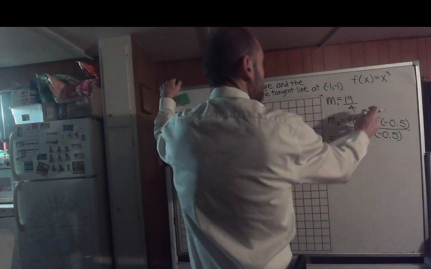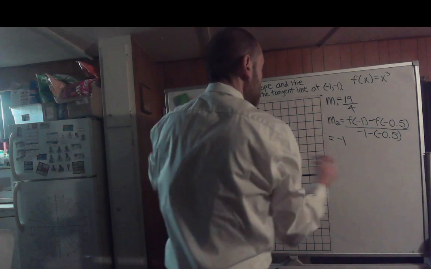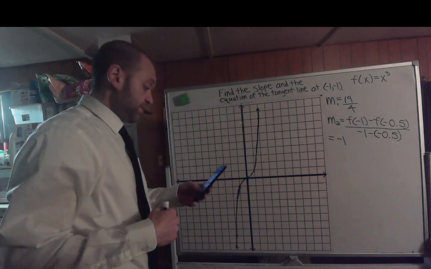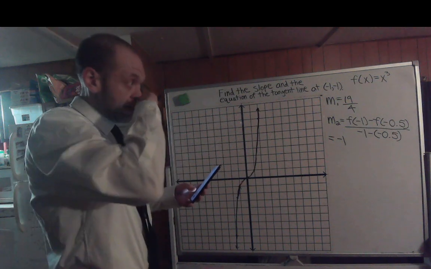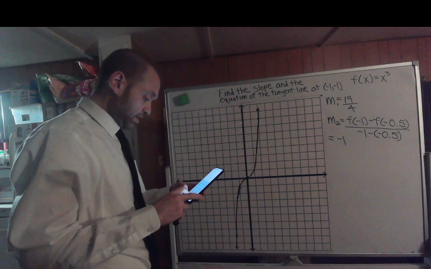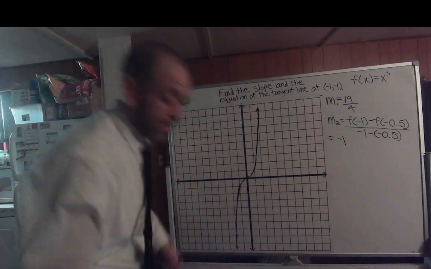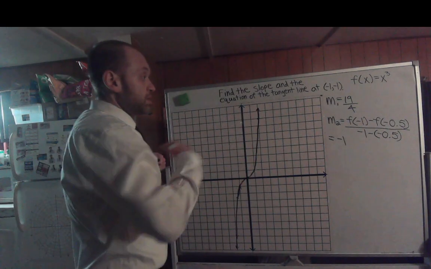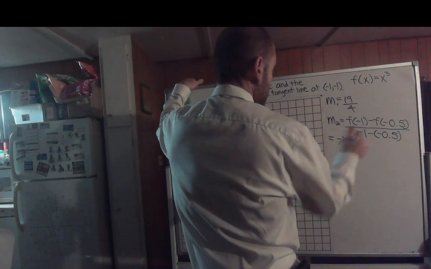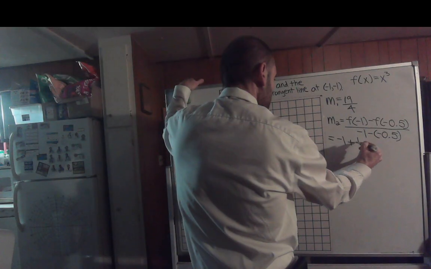Well, f of -1 is -1. Now, what is -0.5 to the third power? That's exactly what I need to get. Well, that would be (-1/2) cubed, which is -1/8. So you would end up getting minus -1/8. That's actually +1/8.